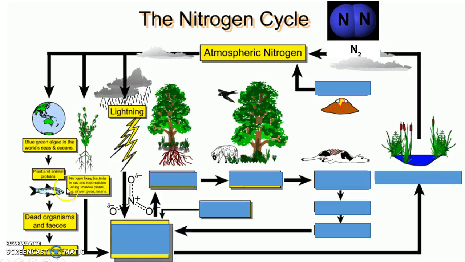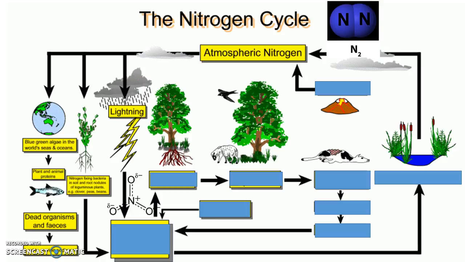This is what we can use to help make proteins. Another way that this happens is through what we call nitrogen fixing bacteria, and this is really important. This is one of the more commonly missed questions on tests and misunderstood concepts. So what am I talking about? We're talking about bacteria that live in the soil, or they live in the roots of certain plants like legumes, like peas or beans, or even clovers, which are really good plants for nitrogen fixing bacteria.